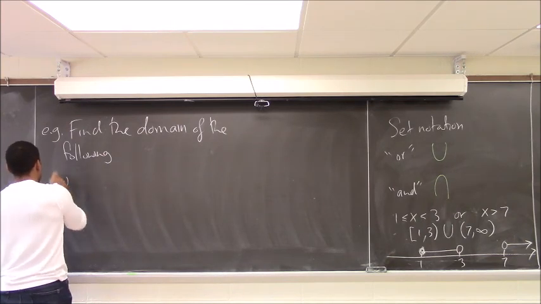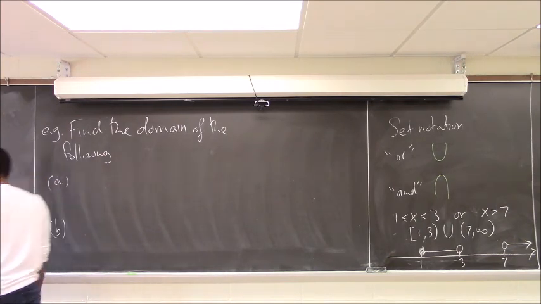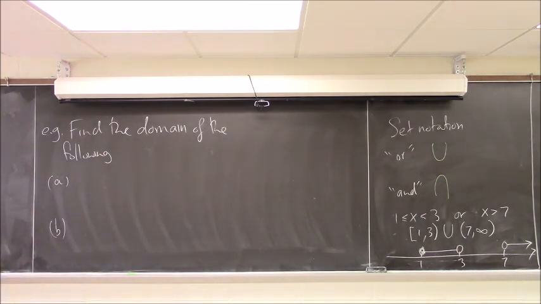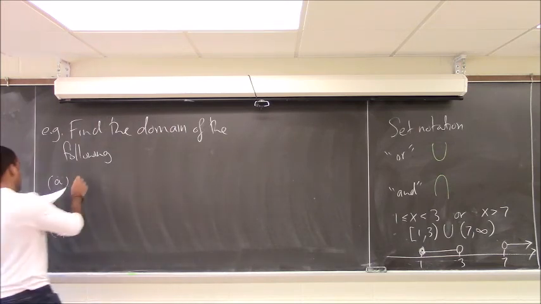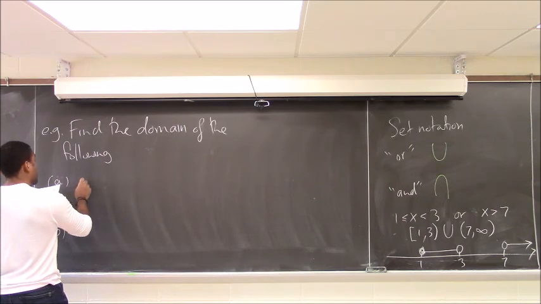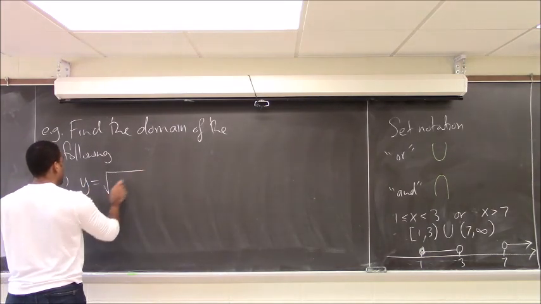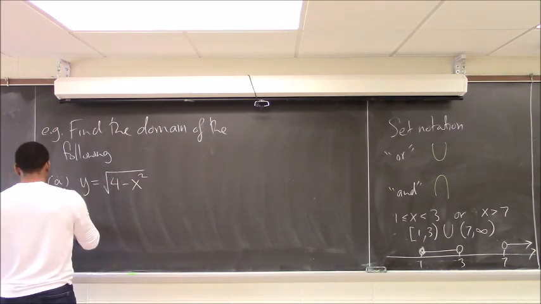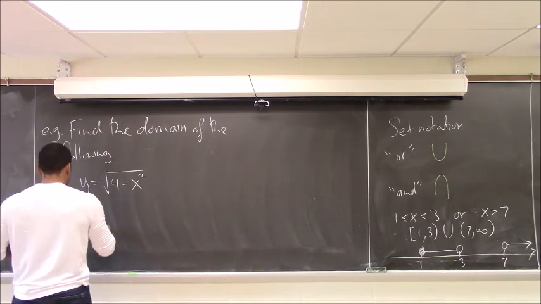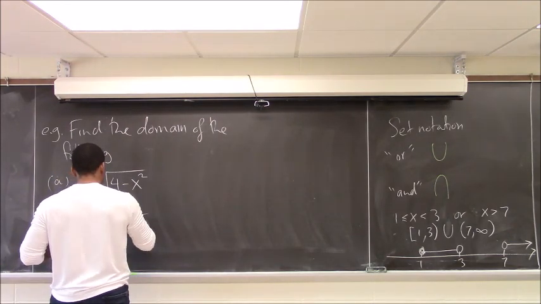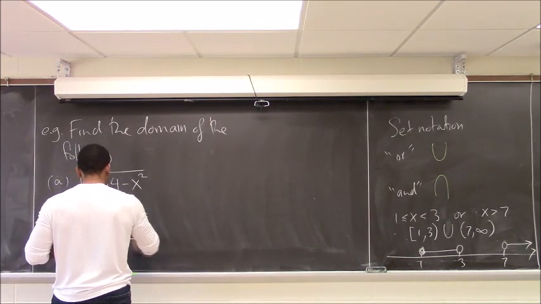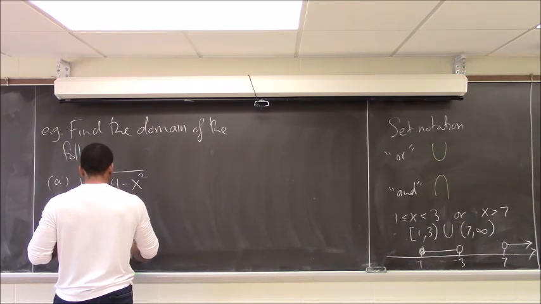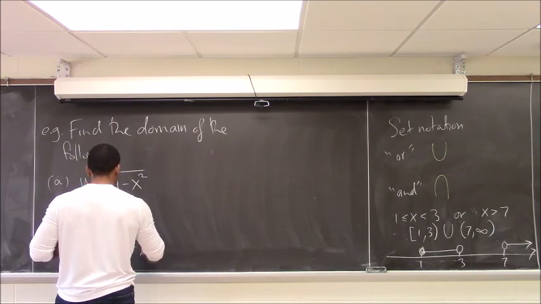I want you to find the domain of the following functions. y equals the square root, and here, y equals the square root of 1 minus x divided by the square root of 9 minus x squared.